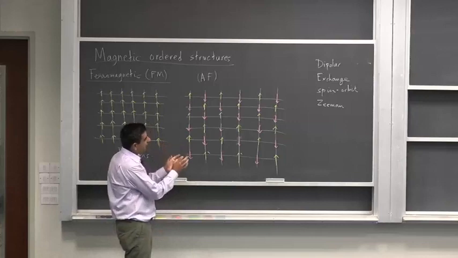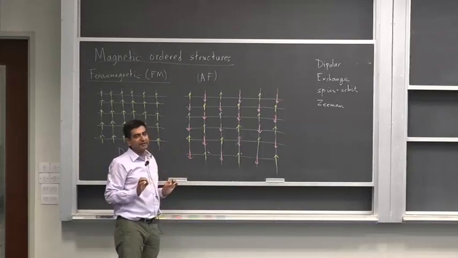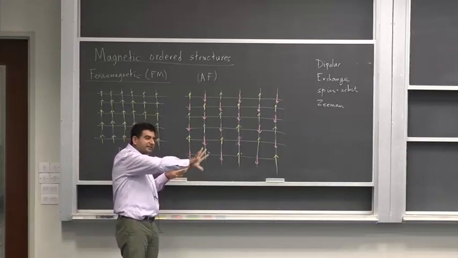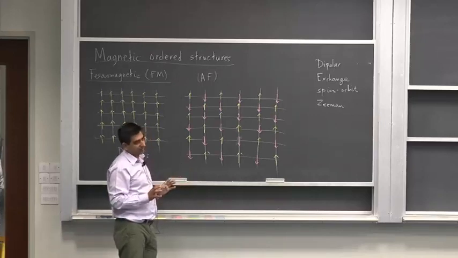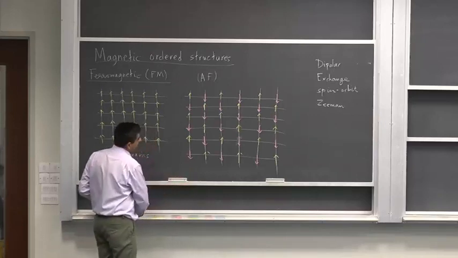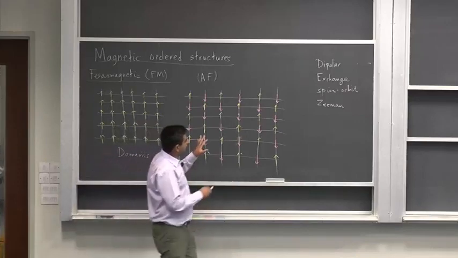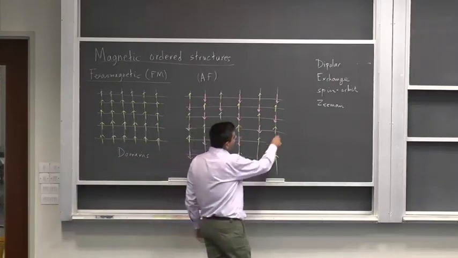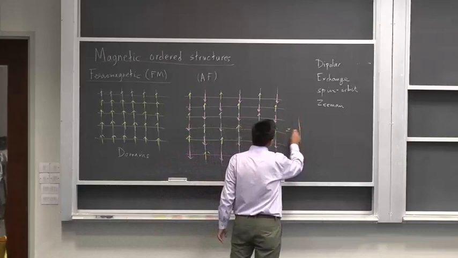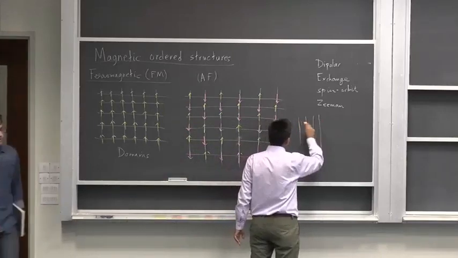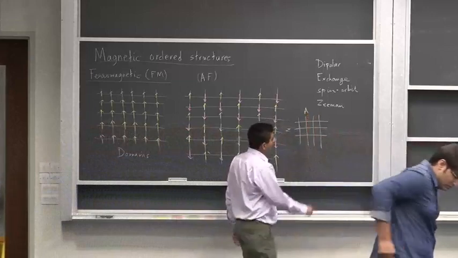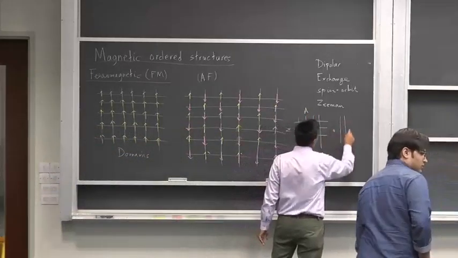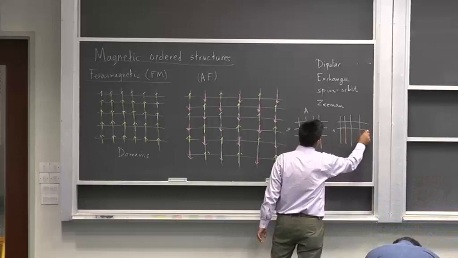So this kind of ordering in which neighboring spins are anti-aligned and the order persists throughout the domain is called antiferromagnetic ordering. So one way to look at this is that this lattice could be decomposed into two sub-lattices. One is a lattice A and the other is a lattice B.